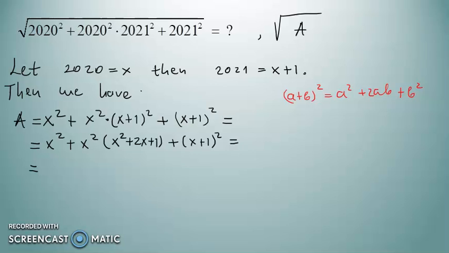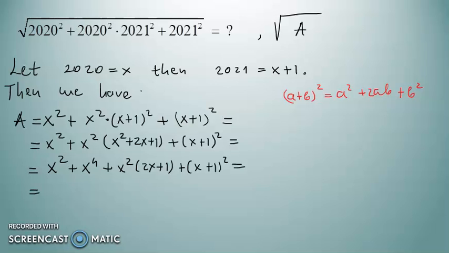Let me think a little bit. Okay, let's proceed in this way. x squared plus x squared times x squared is x to the fourth, and I will leave this x squared plus 2x plus 1 together, plus x plus 1 squared. You will see why.